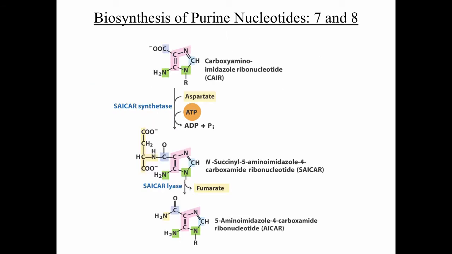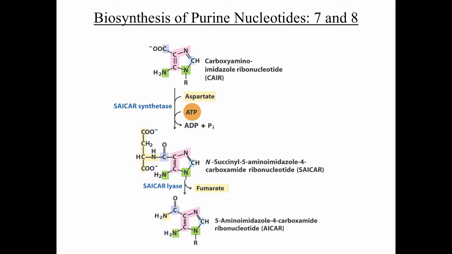And then in the next 2 steps, we have attachment of the amino group, and that's coming from aspartic acid. So aspartate is attached to this carboxyl group and forms an amide bond through a condensation reaction, making this intermediate.